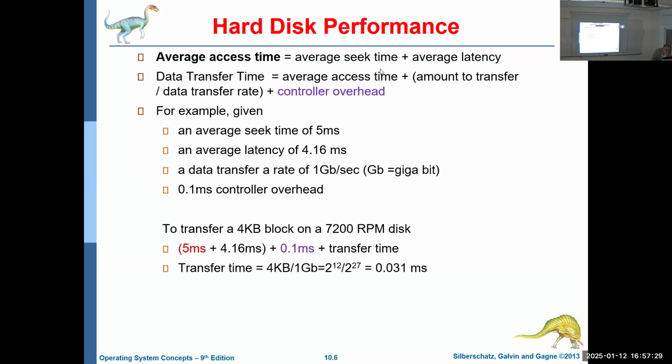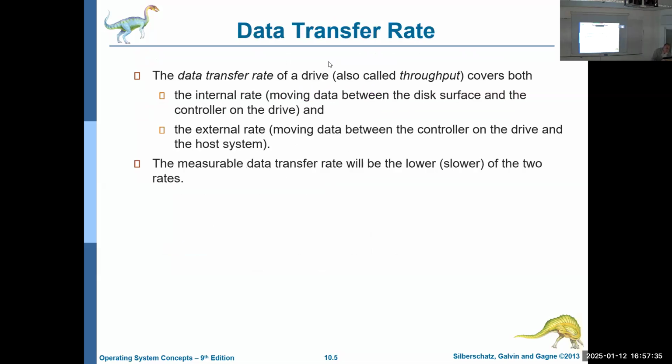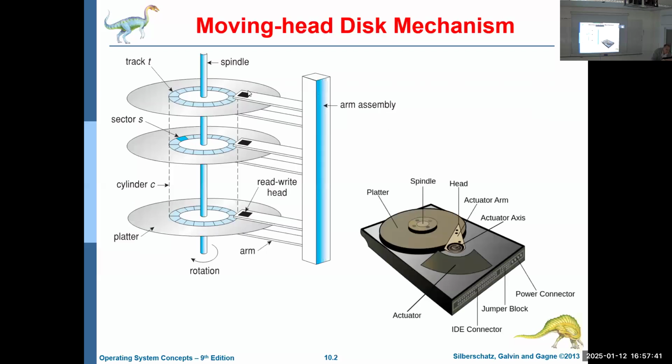So in other words, there's two things you gotta do to get a piece of data. This is not the transfer rate. We're going back to the first two things we talked about, which was turning the disk: getting to the right sector and getting to the right track. Moving the head to get to the right track, and moving the disk, that's called latency, to get to the right sector.